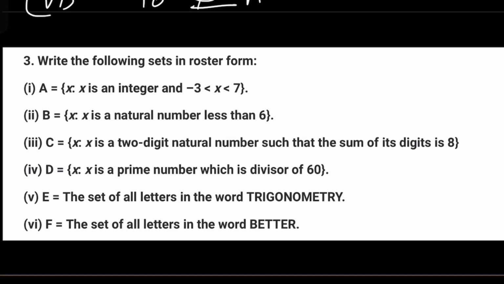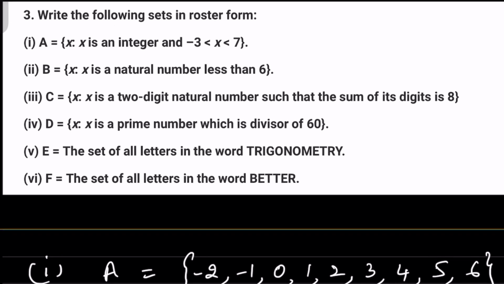It is an open interval, -3 and 7. So -3 is not included, 7 is not included. So what are all the numbers left out? -2, -1, 0, 1, 2, 3, 4, 5 and 6. These are the only elements of this set. So this is the way you write it in roster form.